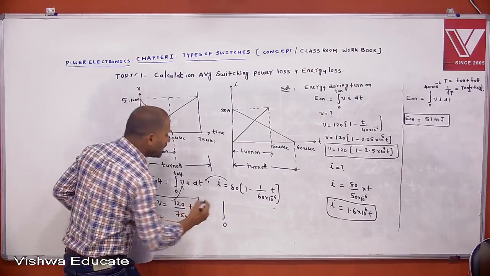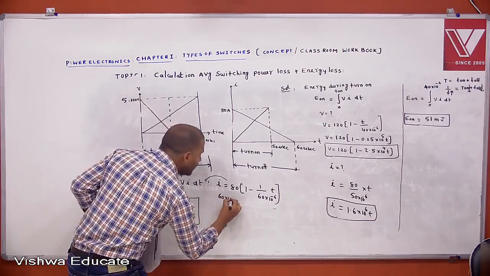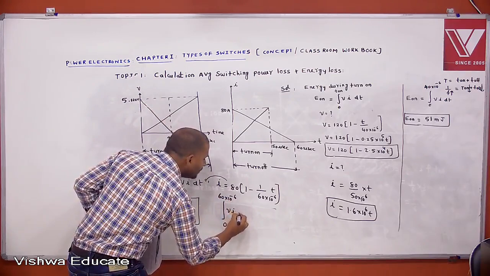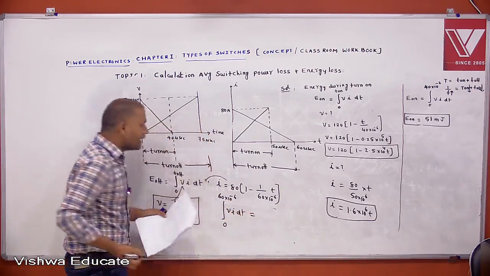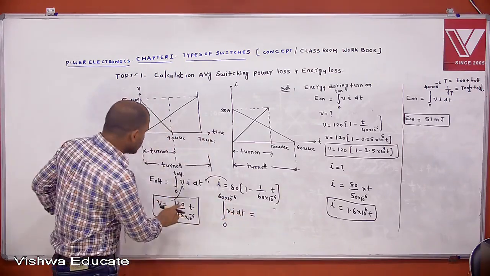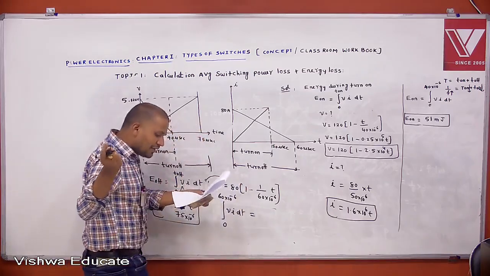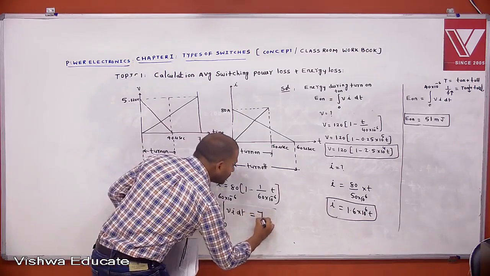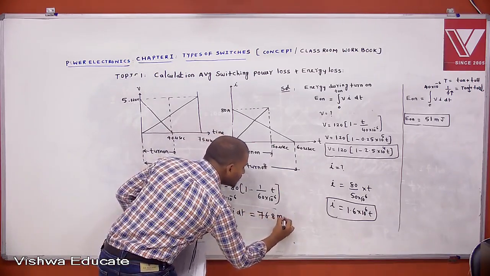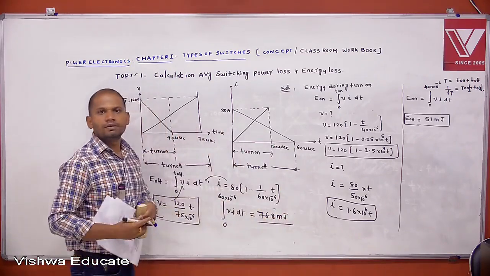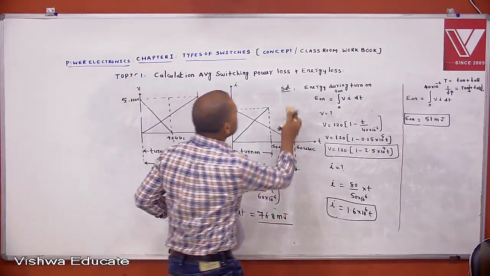Then you take 60 microseconds, 60 into 10 to the power of minus 6, because you want to get high frequency. Then by substituting V and I, what can you get? 76.8 millijoules.